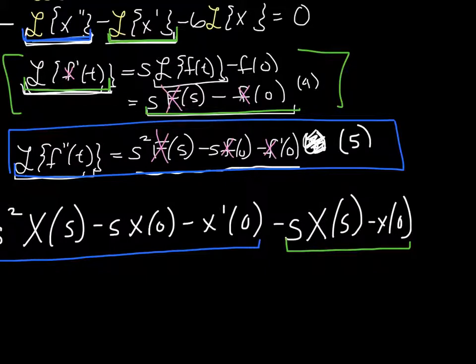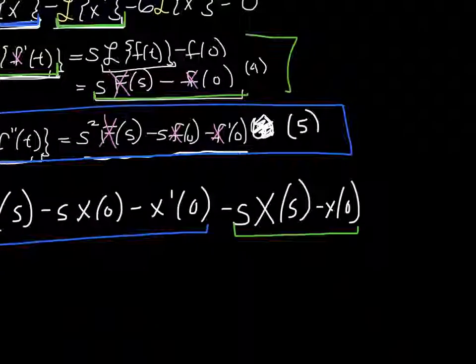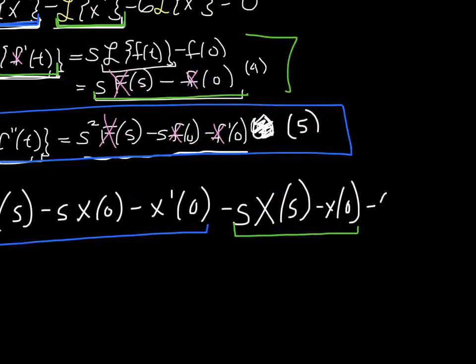So minus 6 times chi of s. It gets tedious writing the Laplace transform of x, the Laplace transform of x. So we just call it chi of s. So that's this guy right here. And then that's equal to 0.